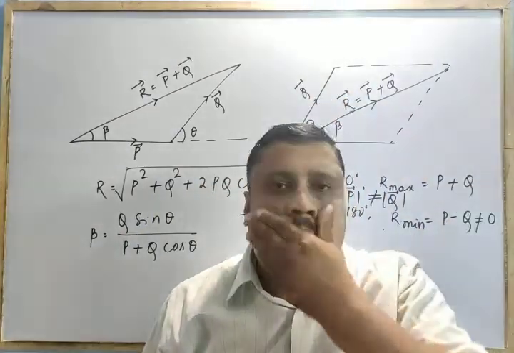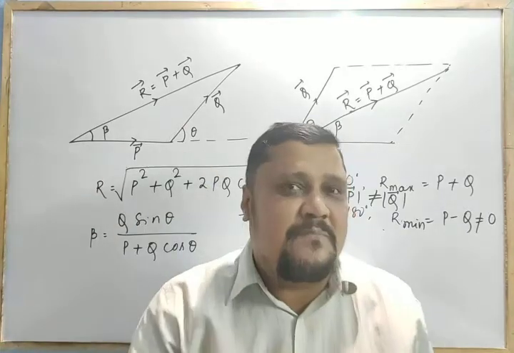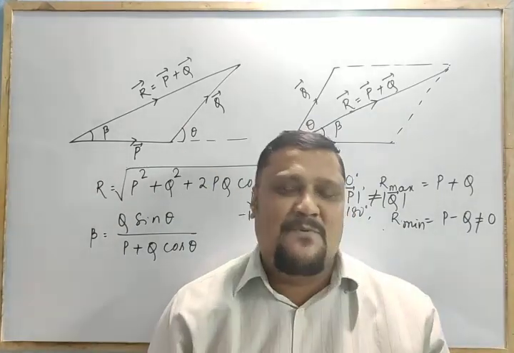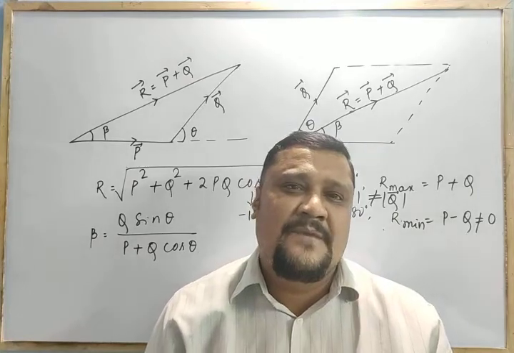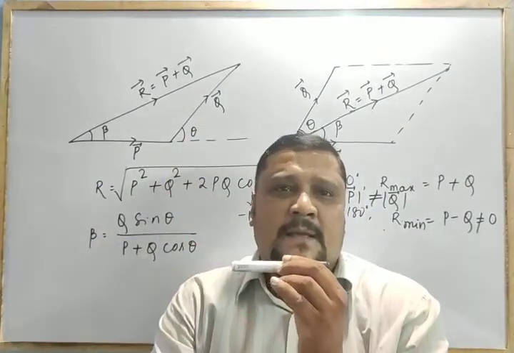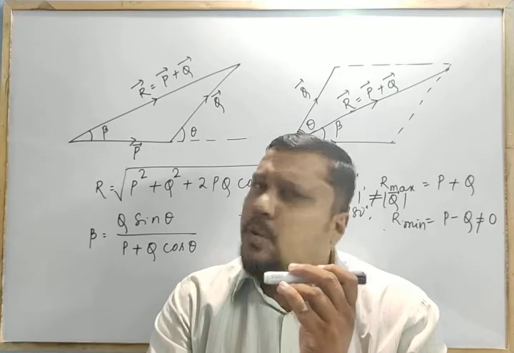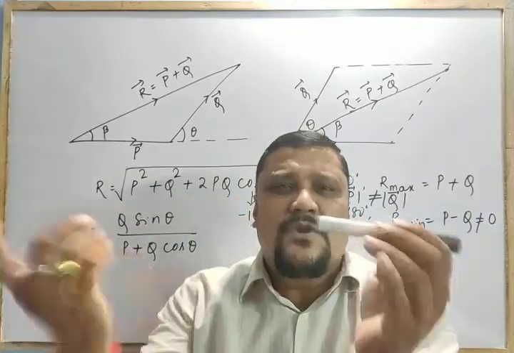Now, if I want to make the body equilibrium, or zero resultant, what will I do? Can I get the resultant 0 by applying this 5 and 3? No. Already 2 Newton is there.